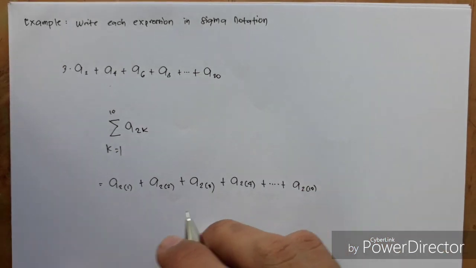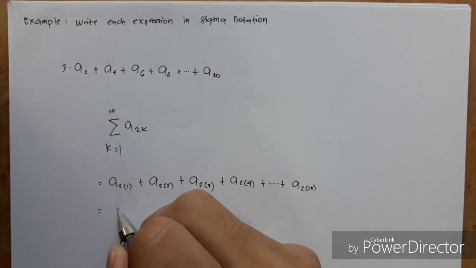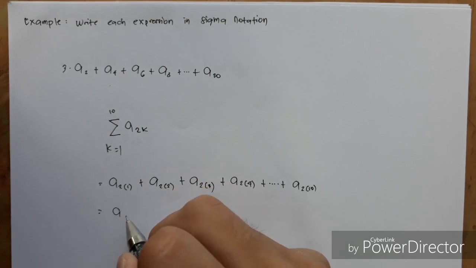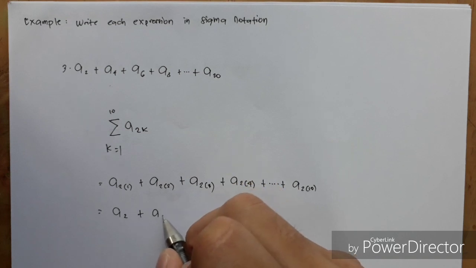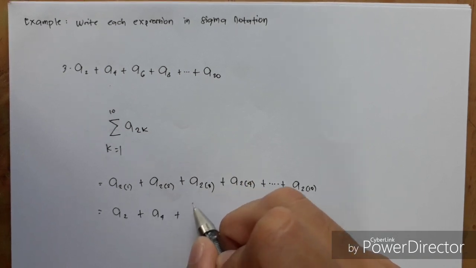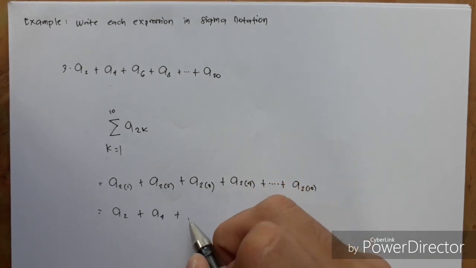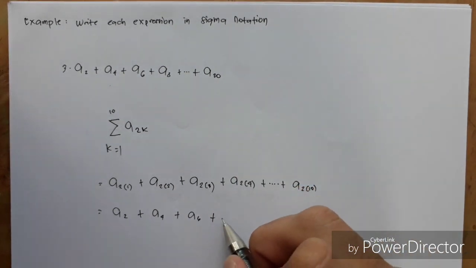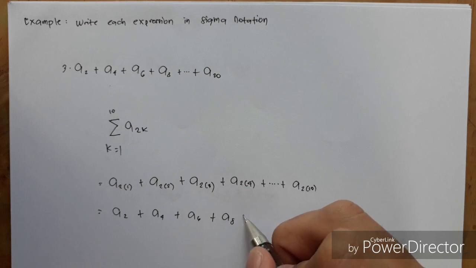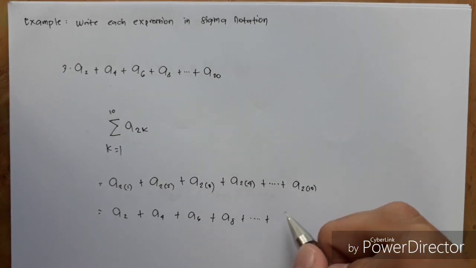Let's multiply it. A sub 2 times 1 is equal to 2, plus a sub 2 times 2 is equal to 4, plus a sub 2 times 3 is equal to 6, plus a sub 2 times 4 is equal to 8, plus up to a sub 2 times 10 is equal to 20.